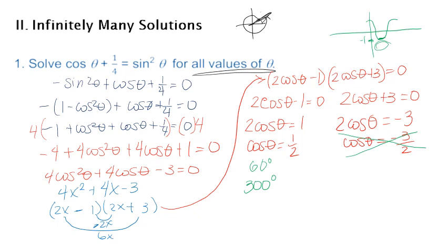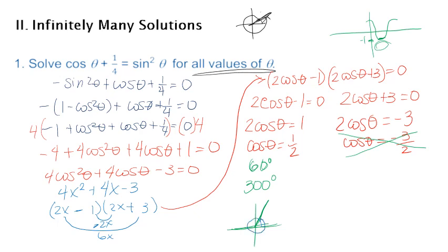So instead, I'm just going to focus on these two over here. But here's the deal. Not only does this angle happen at 60 degrees, it should be right about here, but this cosine of theta would also be 1/2 at 60 degrees plus 360.